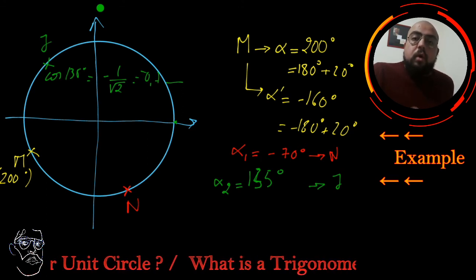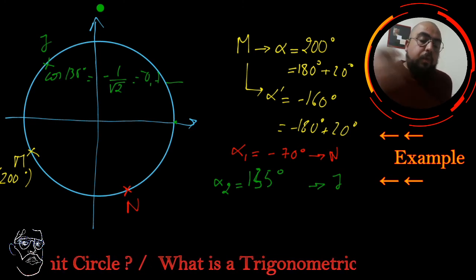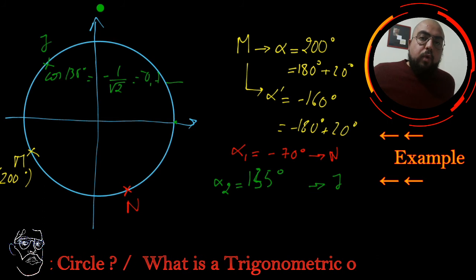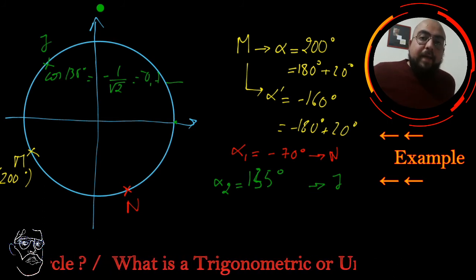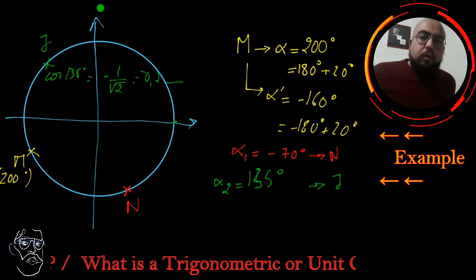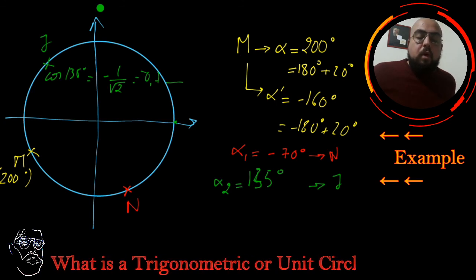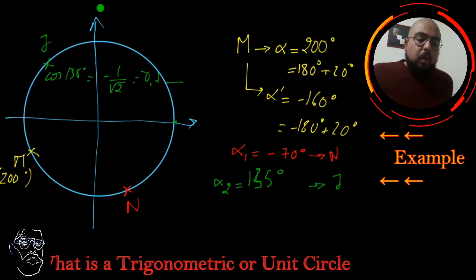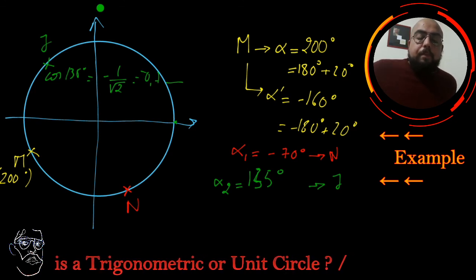It belongs to the second quadrant where cosine is negative. So knowing which quadrant each point belongs to will help you find the sign of your trigonometric function, whether your cosine, sine, tangent or cotangent are negative or positive. So that's it for the unit circle.